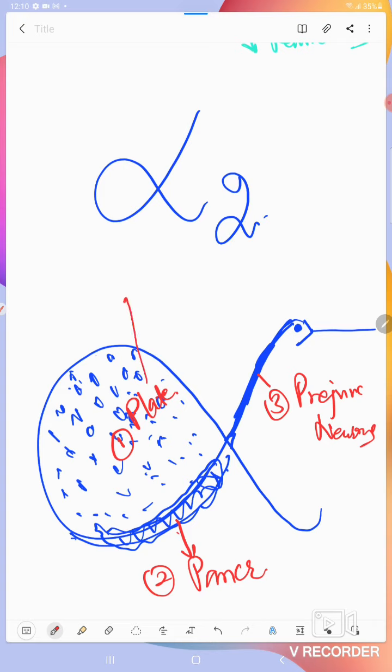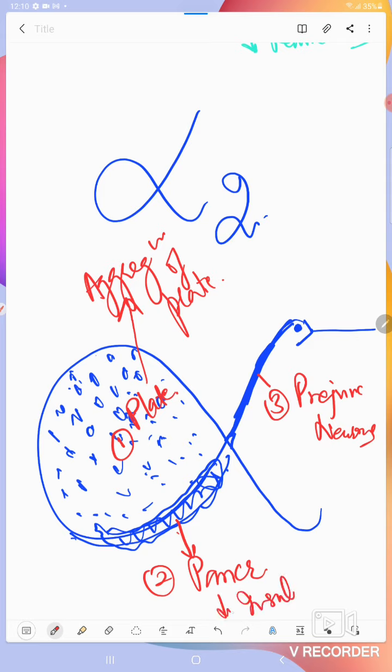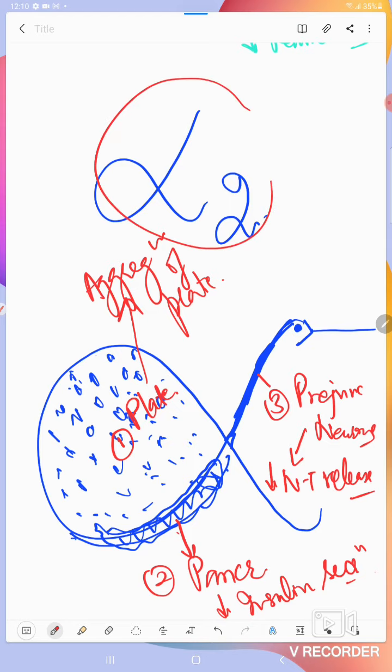On the platelets, it leads to aggregation of platelets. Second, in the pancreas, it decreases the insulin secretion. And third, on the pre-junctional neuron, it decreases the neurotransmitter release. So this is the memory diagram for the alpha 2 receptors.